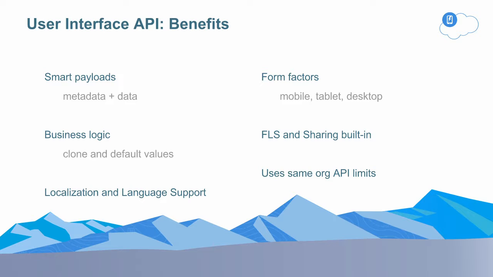Plus, the same API actually supports different form factors. So we talked about layouts a second ago. The cool thing about layouts is an admin can go in and say, I want these fields here, and I want them arranged in these columns, right? And that looks great on a desktop. But then how do you do the arrangements when you want to show the same fields in a mobile app? Now, Chris is going to show you that in a second, but the evolution of our API is we originally built this, and it still supports Salesforce, the mobile app, formerly known as Salesforce1.